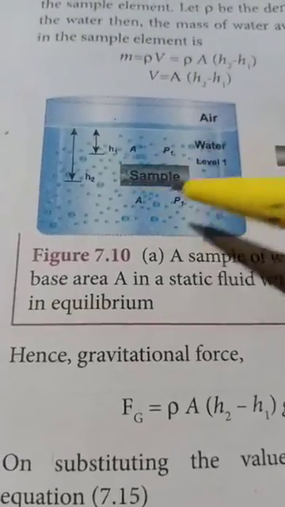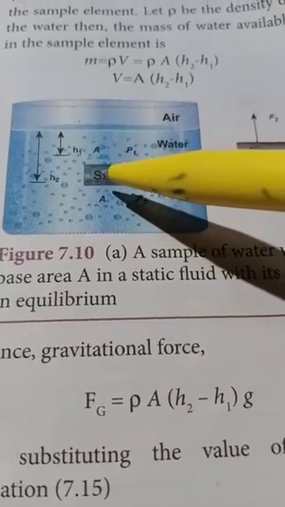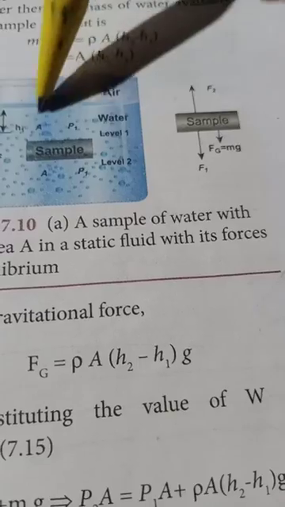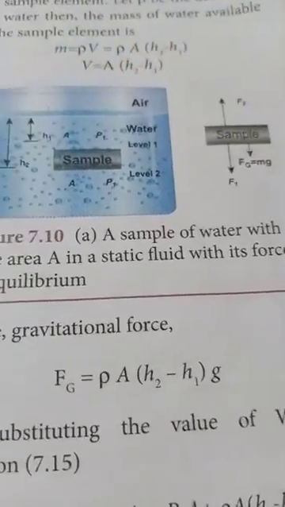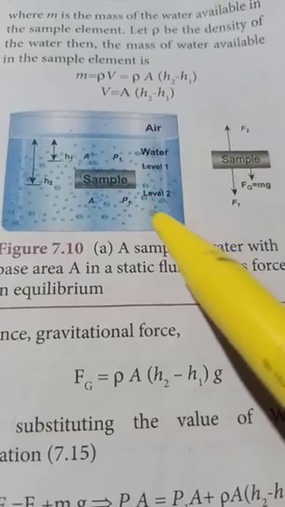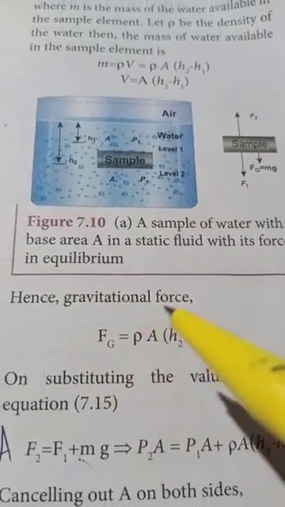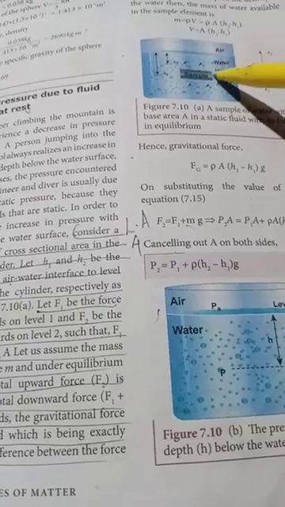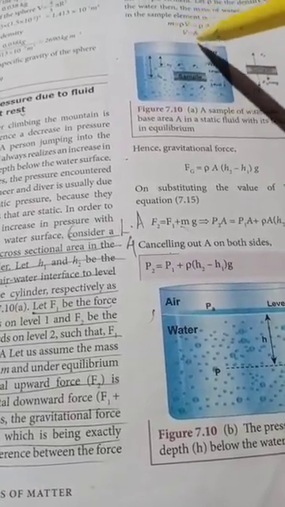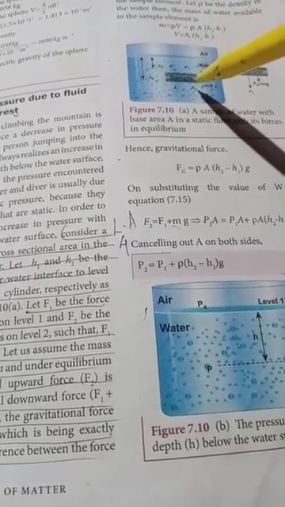Here there is a sample kept inside a container. Suppose you are looking from upside, you can see that the sample is the same as a cylinder. When we look at this sample from outside of the container, it looks like a cylinder.